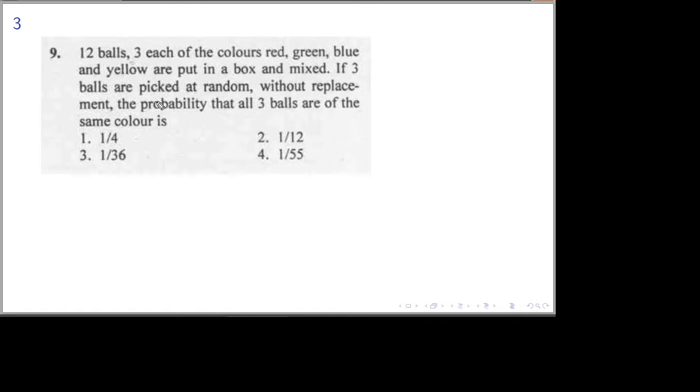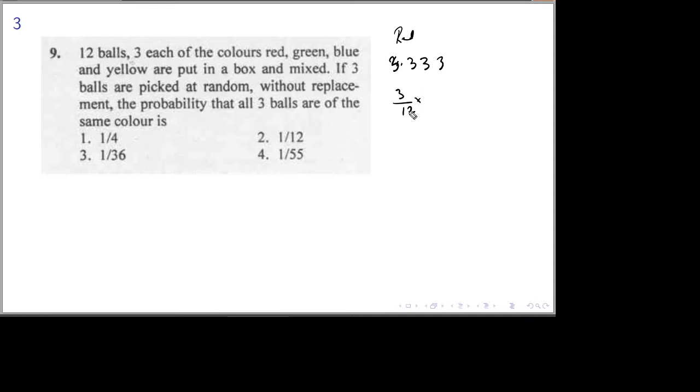If 3 balls are picked at random without replacement, what is the probability that all 3 balls are of the same color? Let's first assume the probability that all 3 balls are red. There are 3 red, 3 green, 3 blue, and 3 yellow altogether. So the probability that the first one is red is 3 by 12.